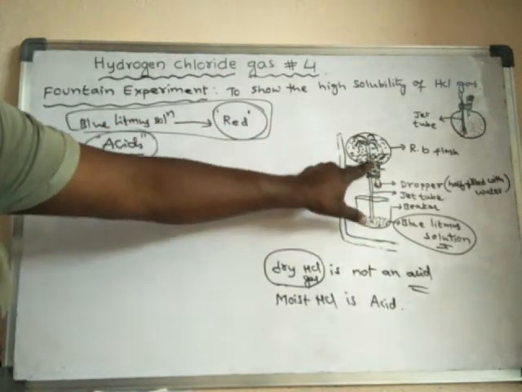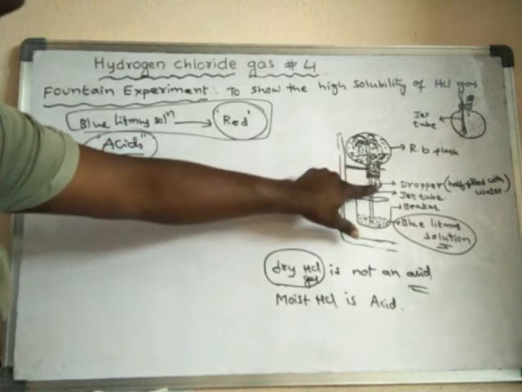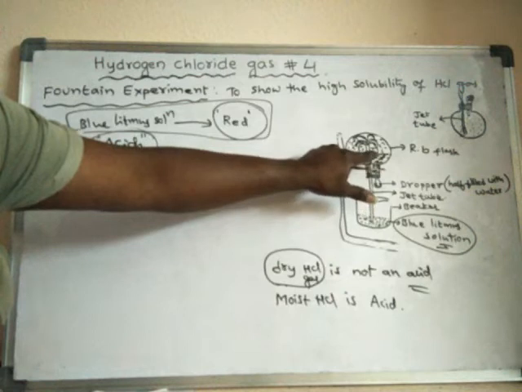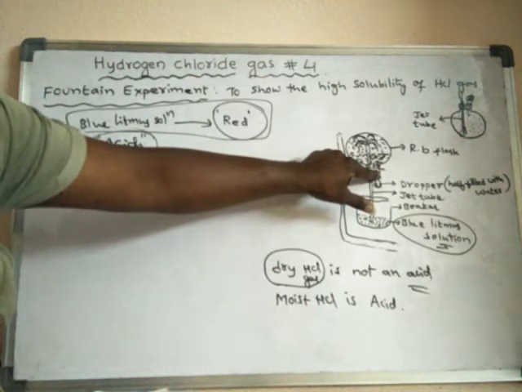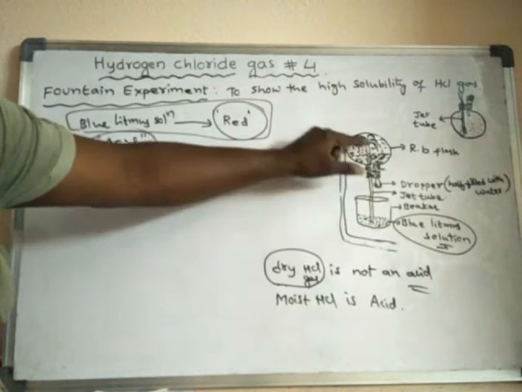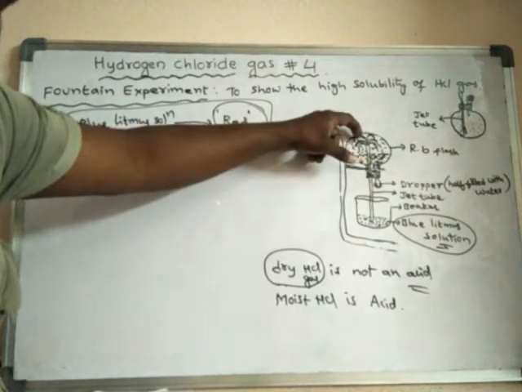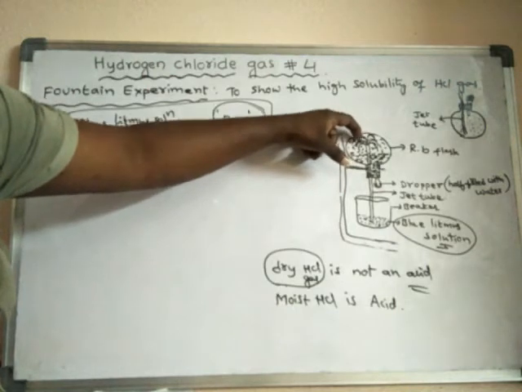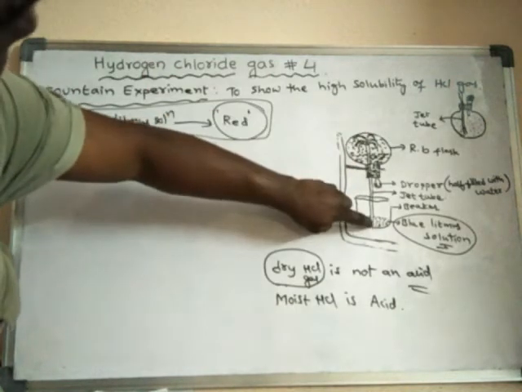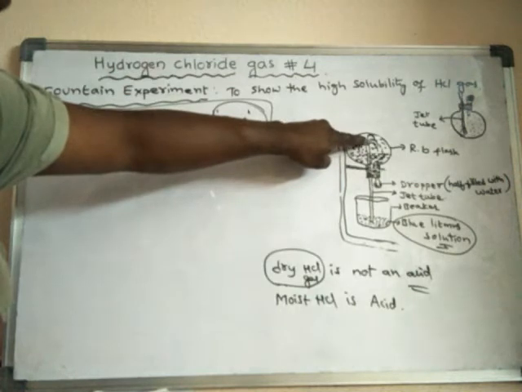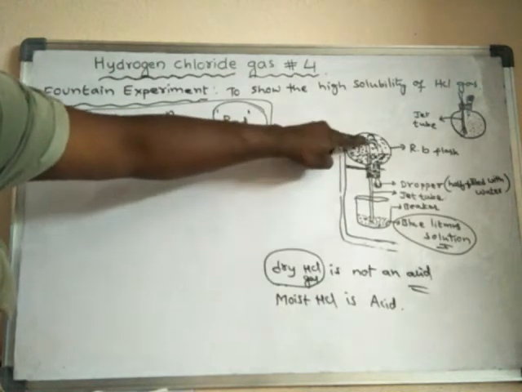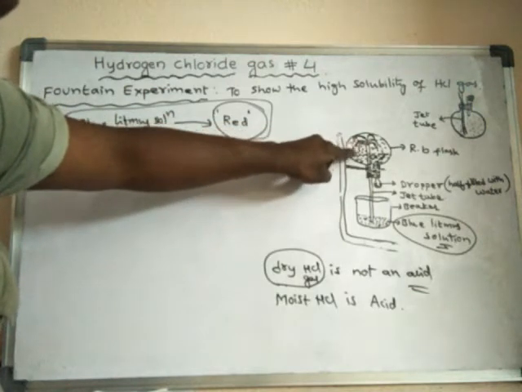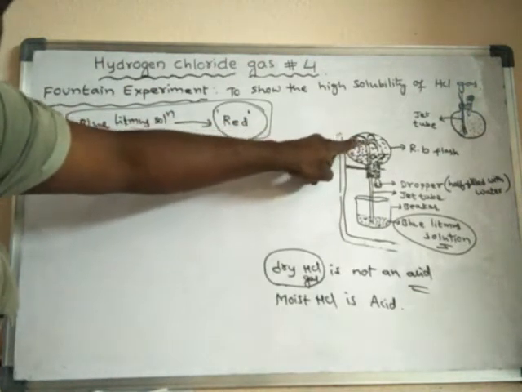So from this it is understood that when a little amount of water is introduced through the dropper, a large amount of HCl gas is dissolved in it. Due to this, low pressure is created in the round bottom flask, and because of the low pressure the blue solution runs upwards fast, in the form of a jet, and forms a fountain.